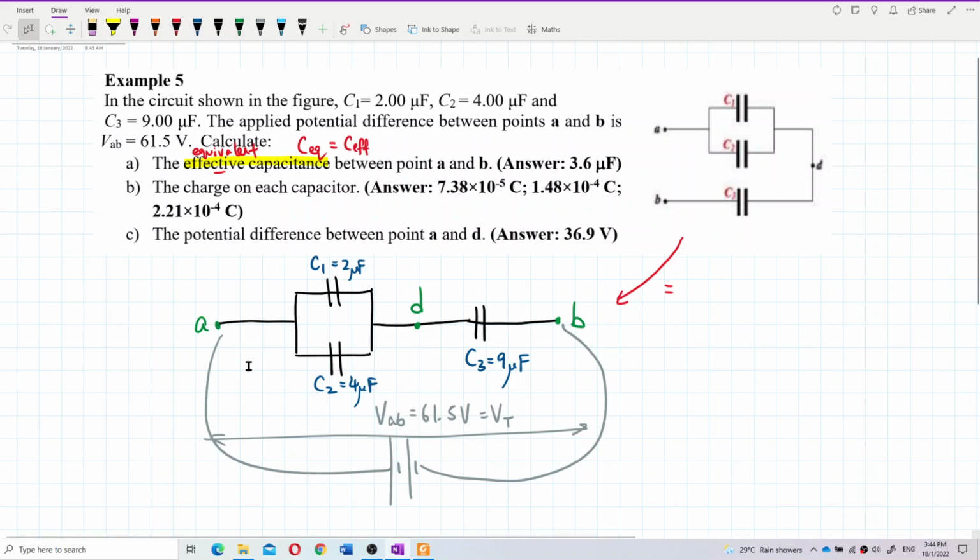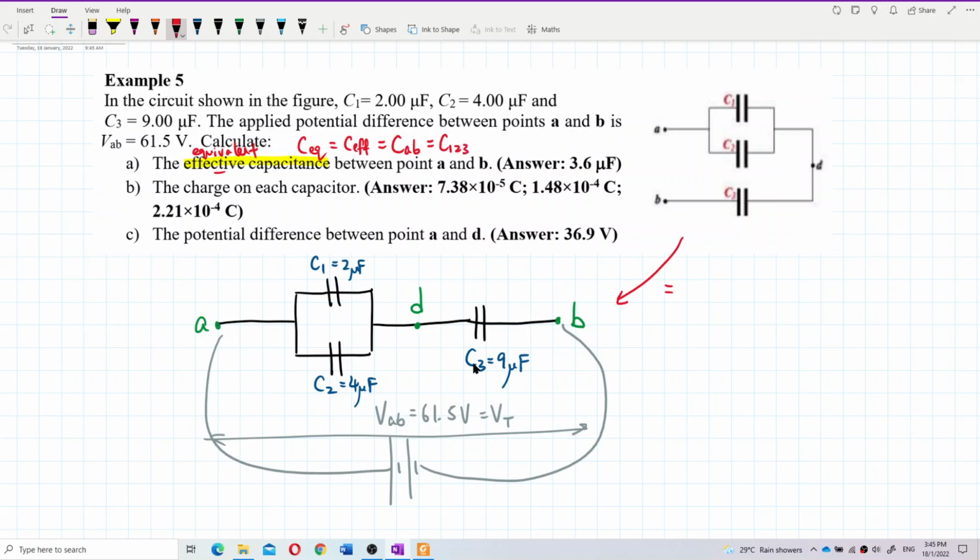Between A and B, so we can say this is CAB. Or you can just combine everything, C1, C2, C3, so you can say this as C123. Whatever name you want to put.